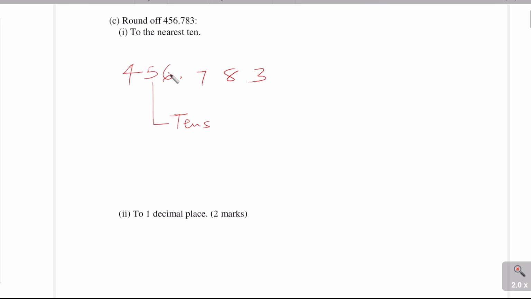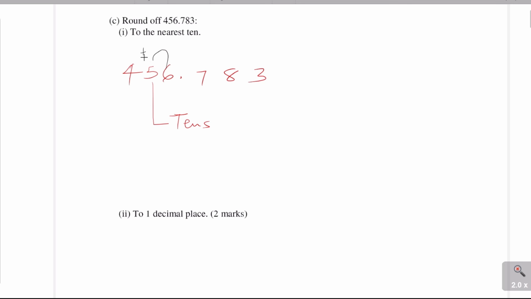If the immediate number to the right is 5 or more, you round forward by adding 1 to the tens digit. If it is less than 5, that is 4, 3, 2, 1, and 0, we would not add 1. Since this one is 5 or more, we are going to add 1.